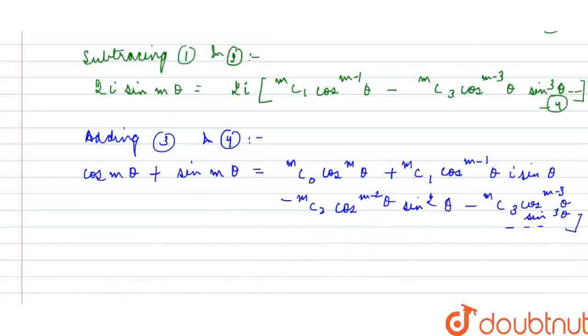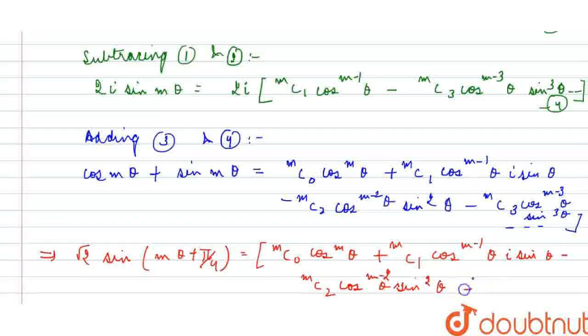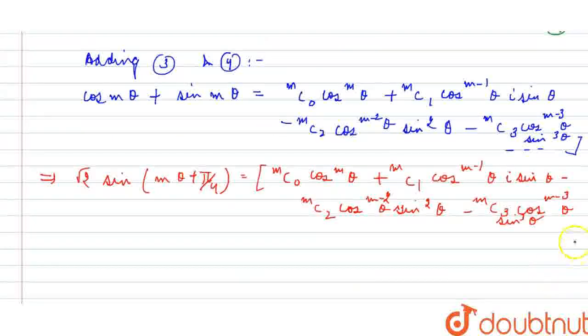Now, what is in it? It also implies root 2 sine (m theta plus pi by 4) is equal to mC0 cos m theta plus mC1 cos^(m-1) theta iota sine theta minus mC2 cos^(m-2) theta sine square theta minus mC3 cos^(m-3) theta sine cube theta, and likewise.